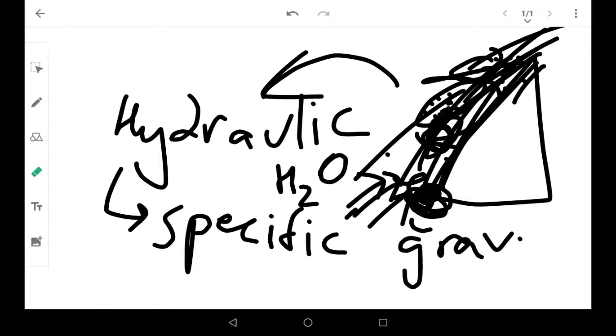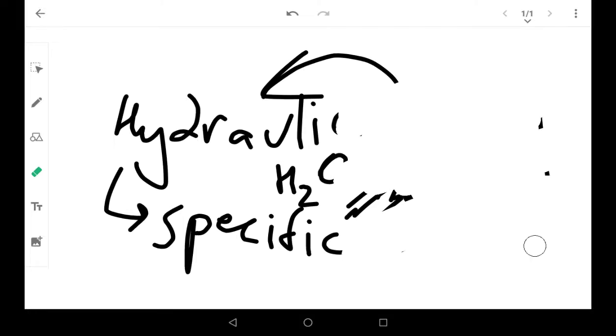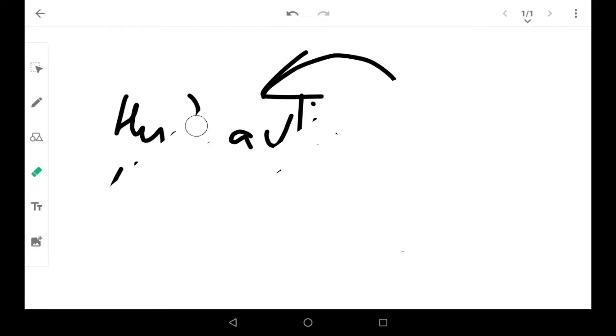Now, this is it for hydraulic washing, and let's go to magnetic separation. Magnetic separation is used to separate non-magnetic ore particles from magnetic ores.